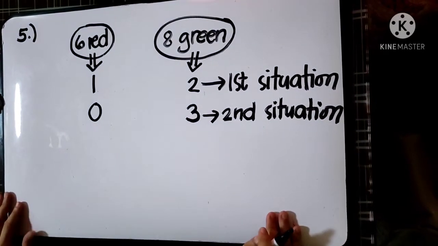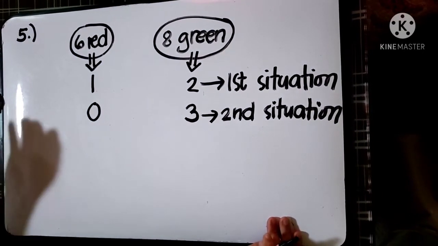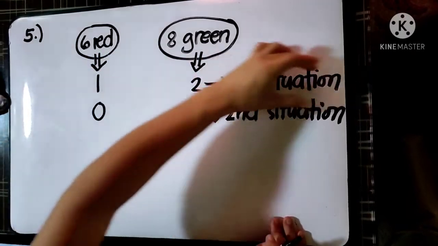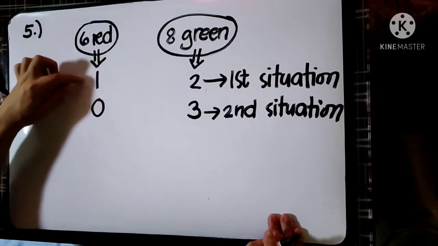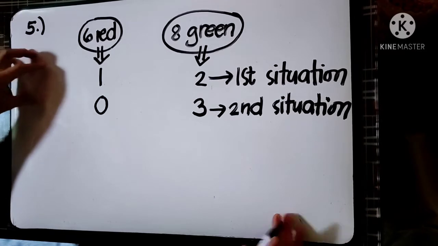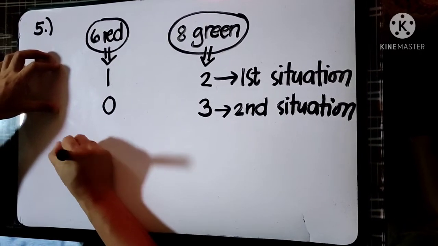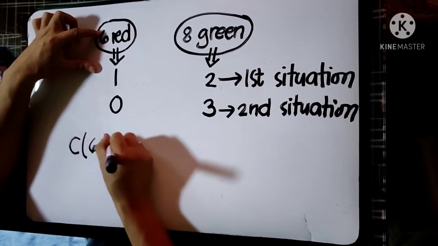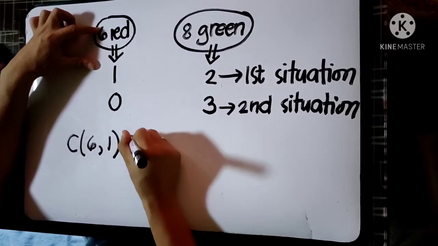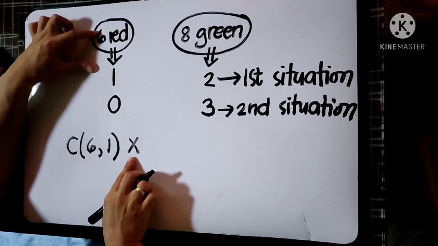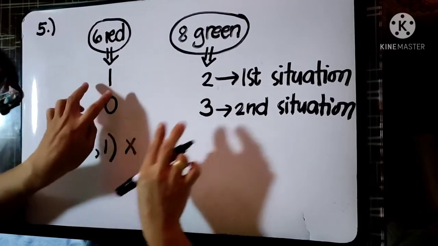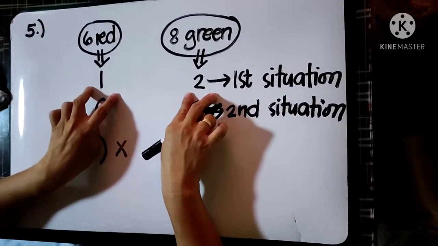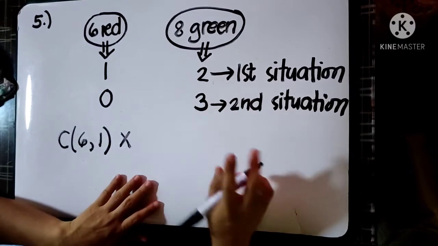Okay? So let us solve first the first situation. For the first situation, you can have the combination of 6 taken 1 times, it is multiplication because he needs to perform the 2 tasks to satisfy the problem.